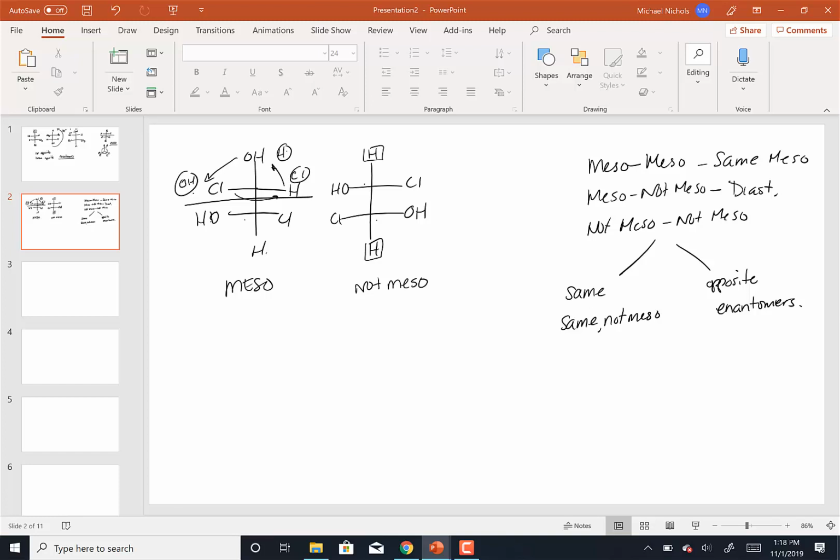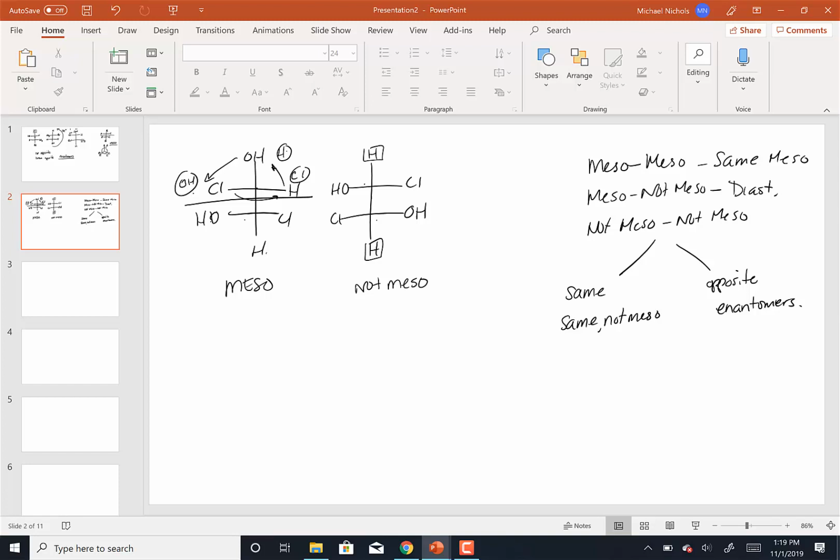Is it possible that the top would be the same and the bottom would be opposite? Well, then basically, if these are opposite and these are the same, they're diastereomers. That's not a problem. The problem is if the top's the same and the bottom's the same, are they the same but meso, or are they the same and not meso?